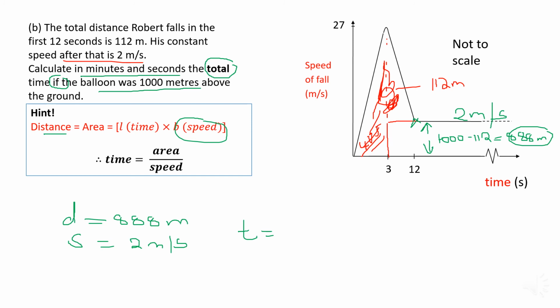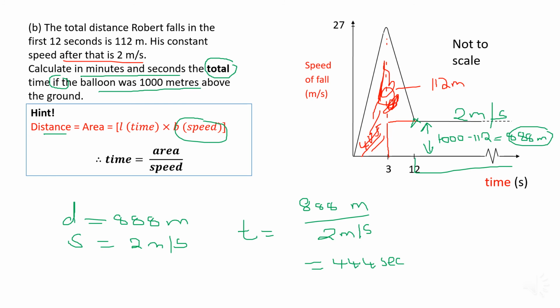So the time would be 888 meters divided by 2 meters per second. This is going to give me 444 seconds. So that is his time from 12 all the way up to the end.